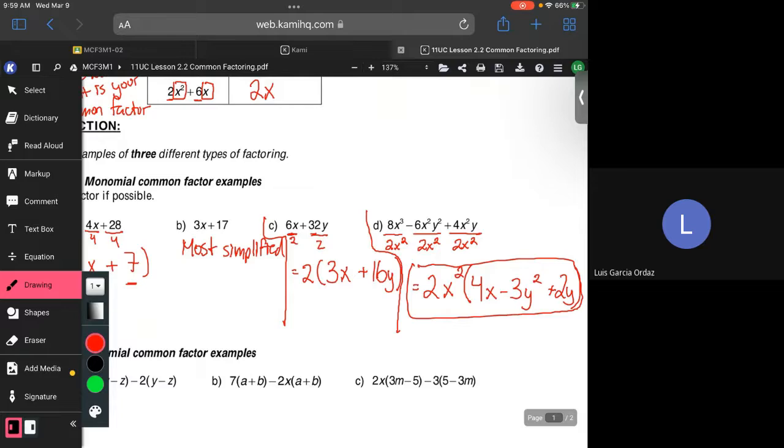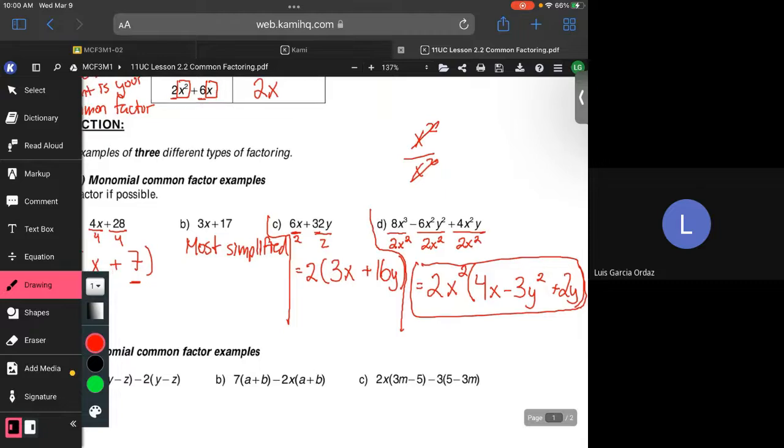If you wrote negative 3xy squared, would that be wrong? Yeah, it would be wrong. Because whenever you have x squared divided by x squared, it's the same as dividing a number by itself. This is always going to give you 1.